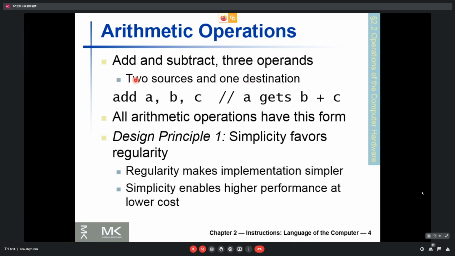So, for example, if I write this add A, B, C, that means I want to add B and C, and the results I want to put into A. 像这样就是 B 加 C，然后放到 A. So that's the fundamental format you need to know.